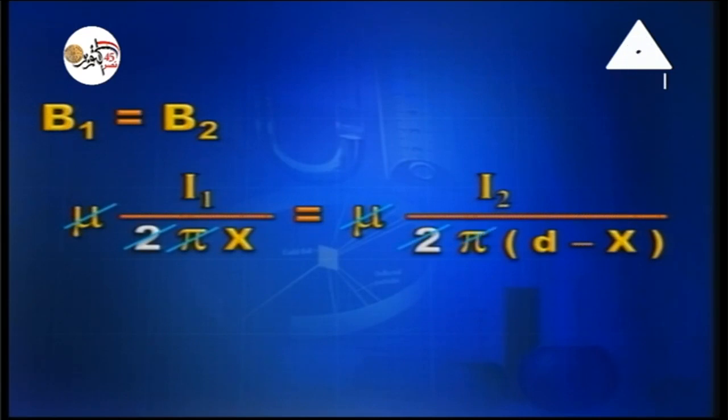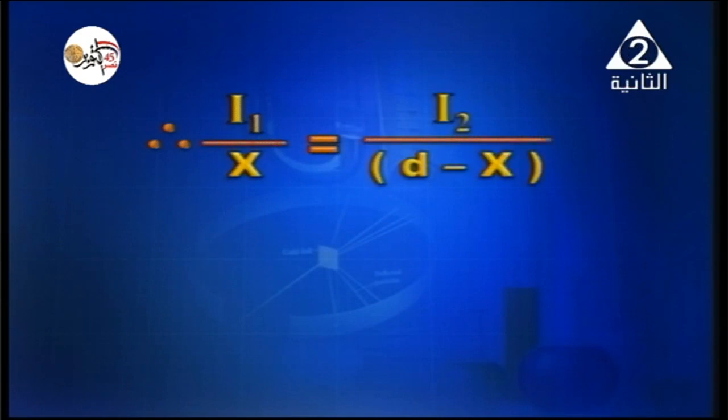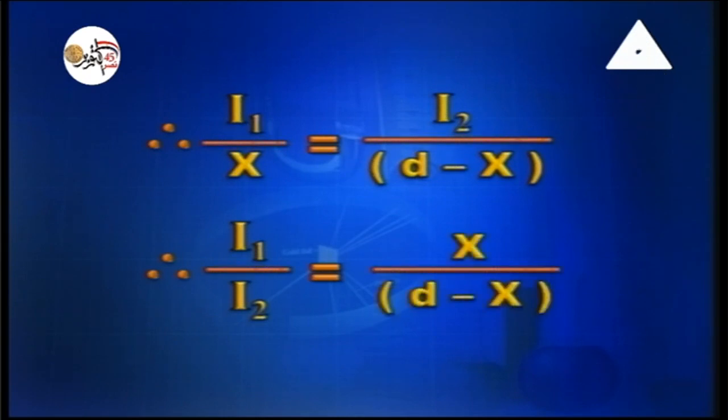So we can say I1 over x is equal to I2 over D minus x. Rearranging this in a better way, I1 over I2 is equal to x over D minus x. This is the relation to be used to determine the position of the neutral point.